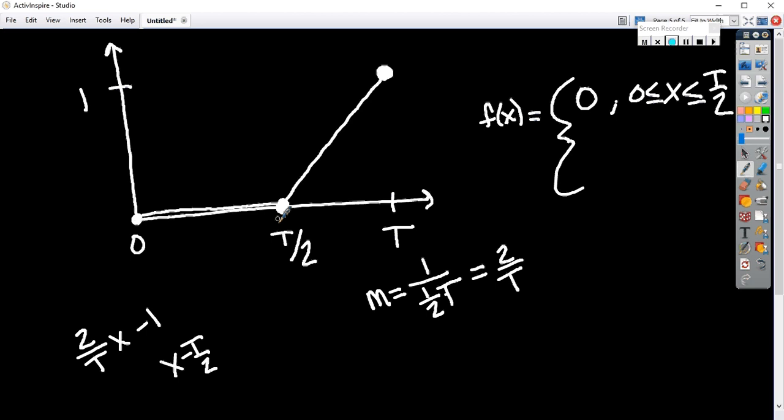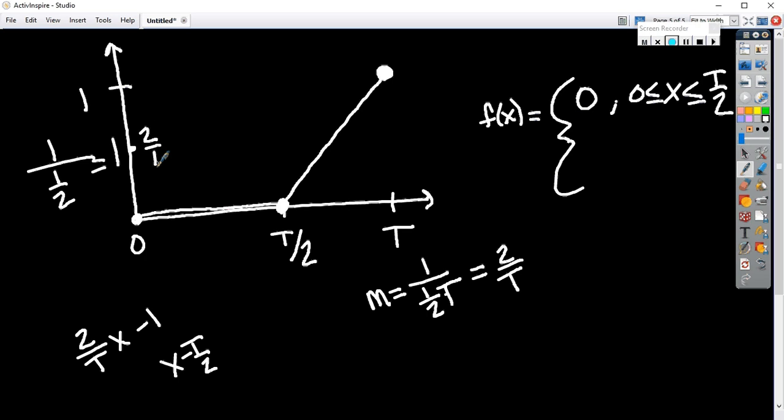So the 2 would go in the top. Does that make sense or no? So if you have 1 over 1/2, this is the same thing as 1 times 2 over 1. Instead of dividing by a fraction, we multiply by the reciprocal.